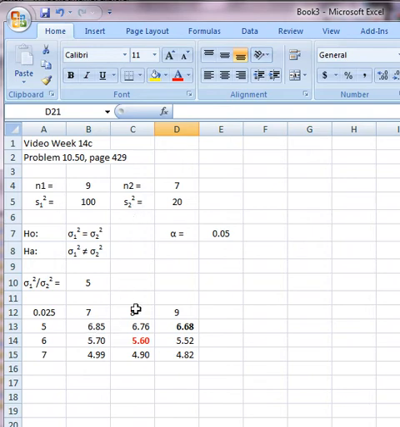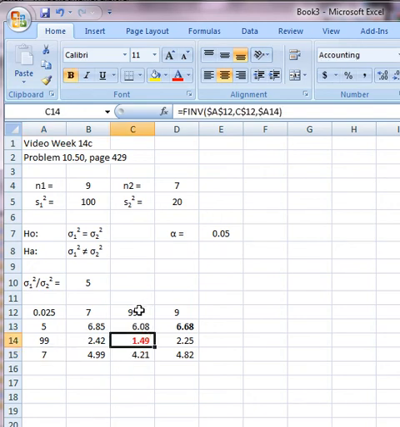Let's say just for fun that we went to a sample of 100 for each case. That would give us 99 degrees of freedom here and 99 degrees of freedom here. Now our F value is down to 1.49.